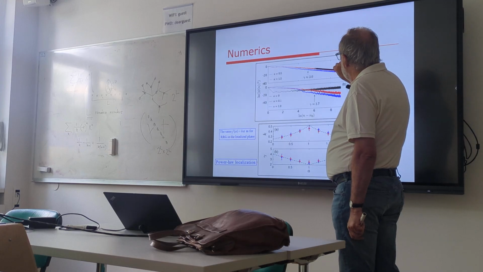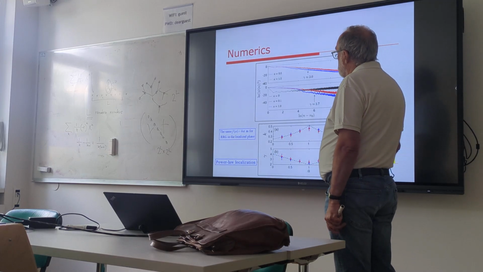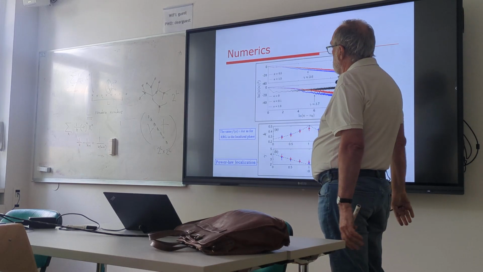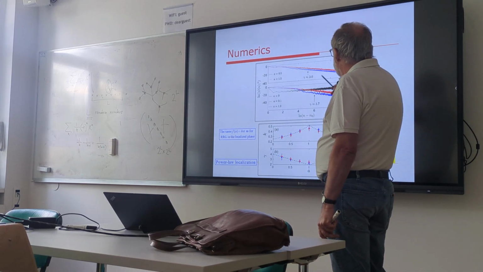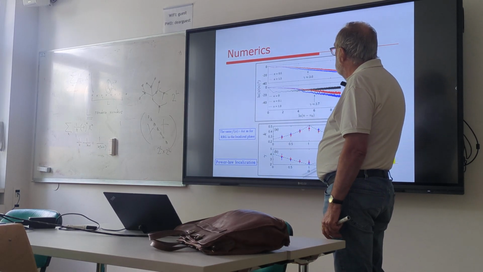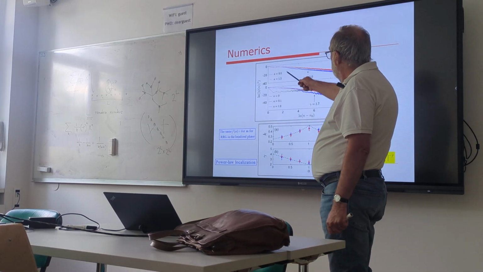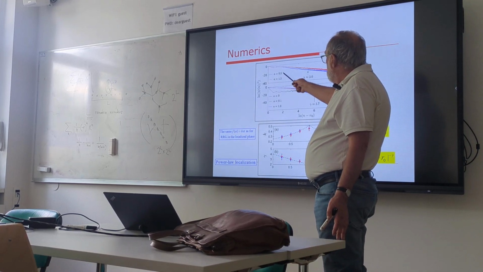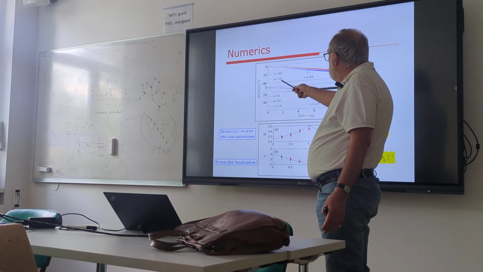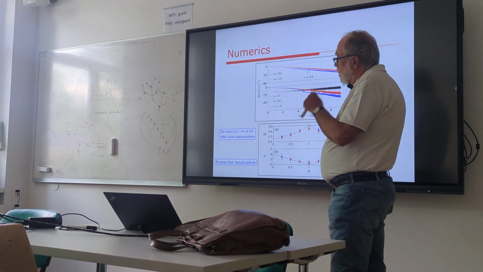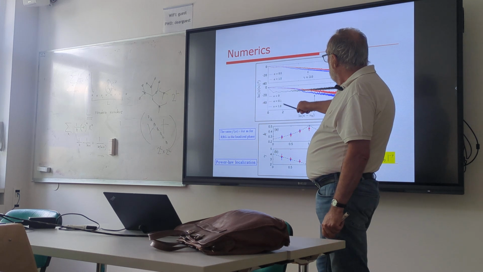So this means that it is a power law localization, where each wave function falls down as a power law, but the power law is the same for 0.5 and for 1.5.